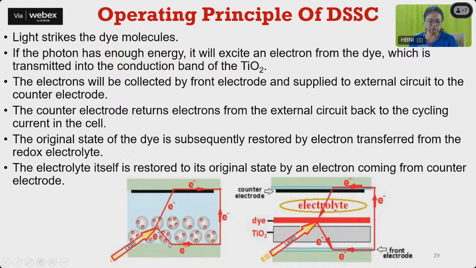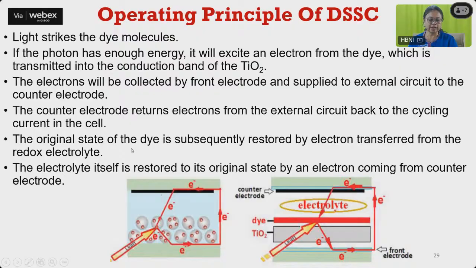So this electron will go to the TiO2. The electron will be collected by the front electrode and supplied through the external circuit to the counter electrode. The counter electrode will return the electron from the external circuit back into the cell, cycling the current.